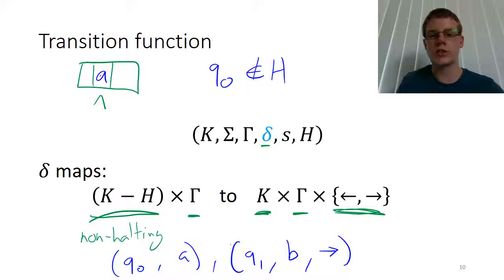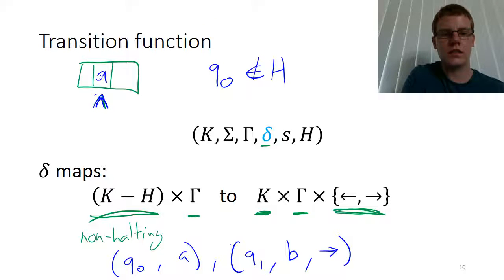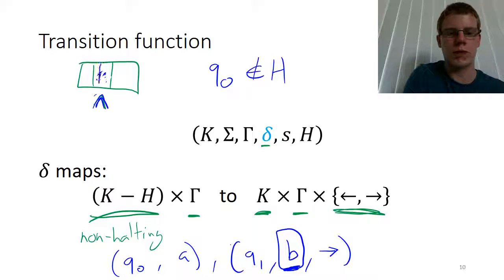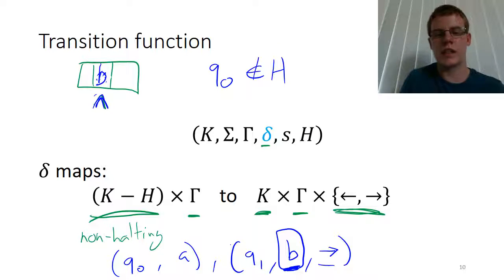So what our machine will do is it will be in Q0 at the moment. It's going to see that underneath the tape head it has an A. It's going to replace that A with whatever is over here down the bottom. So in this case it's going to replace that with a B, and it was said that it had to move to the right, so the tape head is going to stop being here and it's going to move over to here.